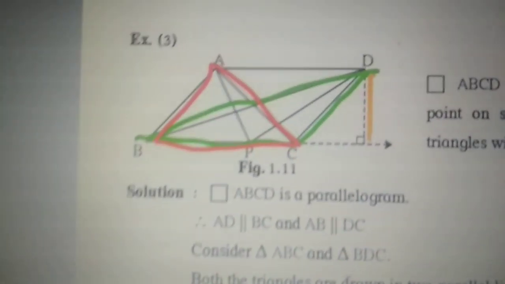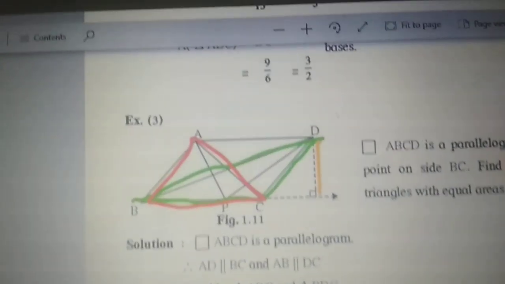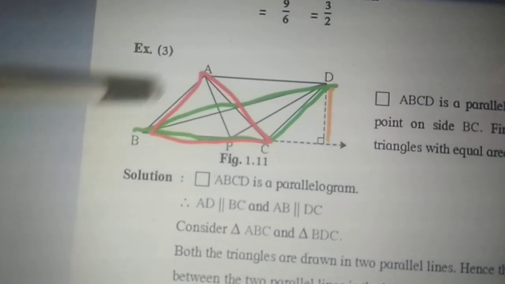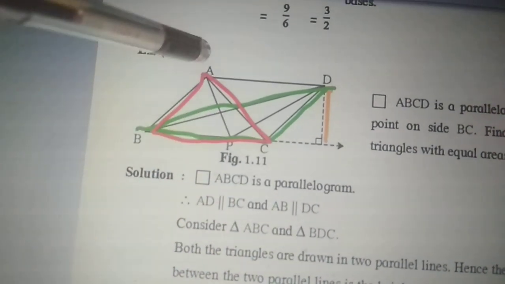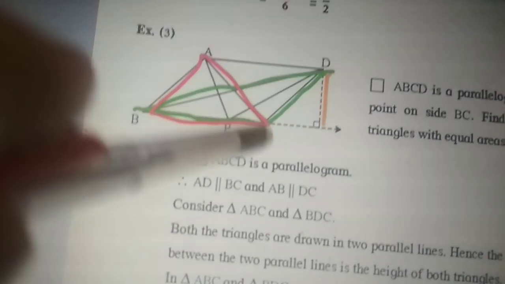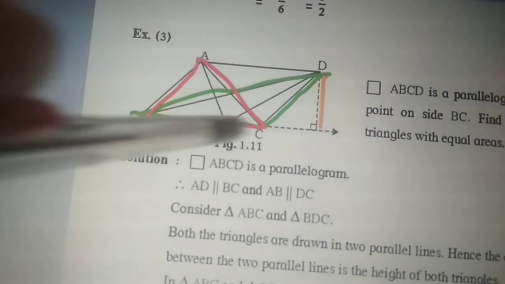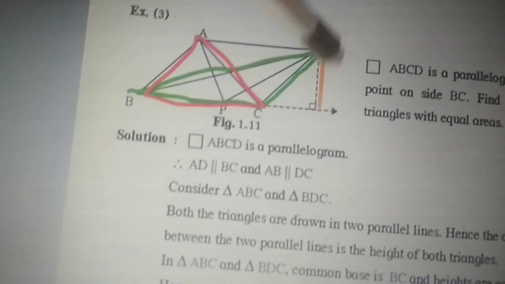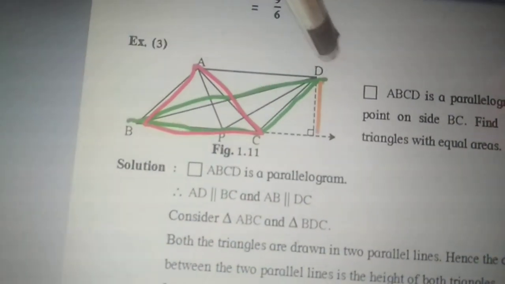I repeat it. Now what is given here? Triangle ABC, this is given by these red lines, and triangle BDC. Now BC is common for both triangles, green and red. That is, base is the same and height, this yellow one, is equal.